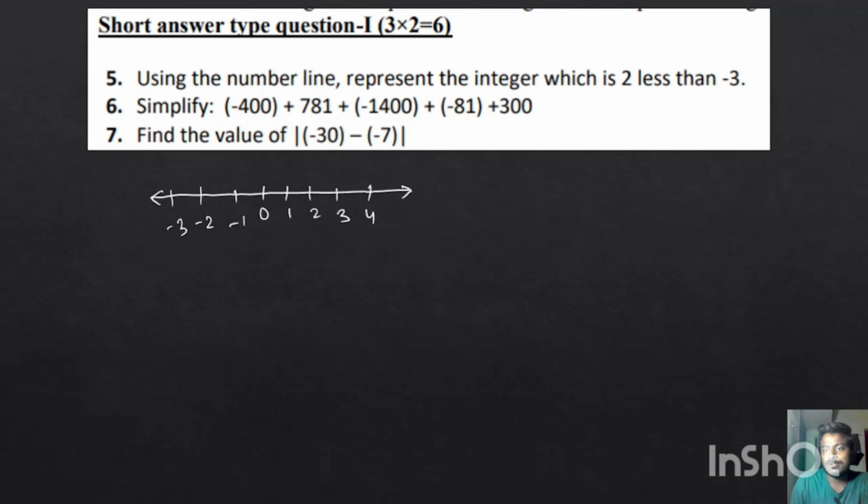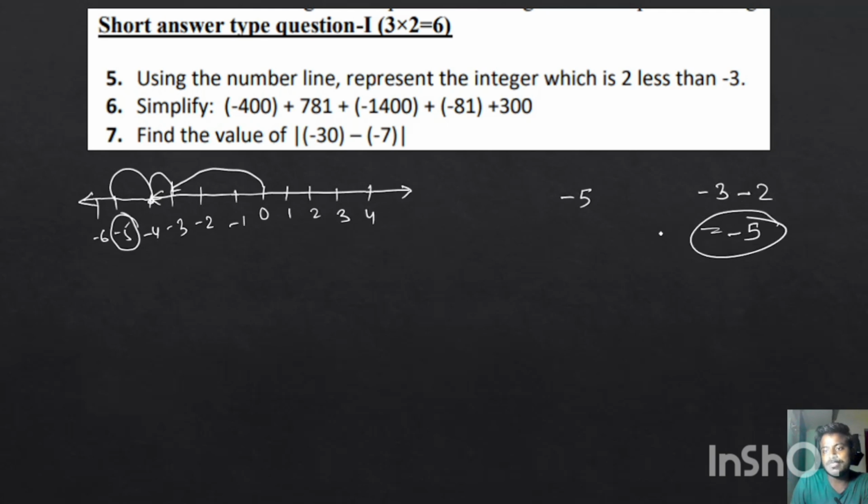First we go to -3, and now it's 2 less. 2 less means we go backward: -4 and -5. So the answer is -5. Or you can write: 2 less than -3 means -3 and -2, same sign, so we add 3 plus 2, that is 5, and put the same sign.